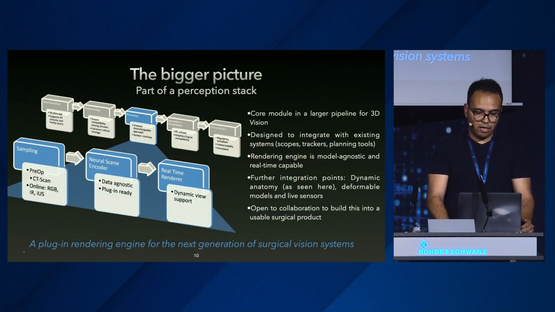So let's come back to the bigger picture. This is the architecture I presented before. This core module is part of a larger pipeline for 3D vision that is nowadays working. It's designed to integrate with existing systems, so scopes, trackers, and planning tools.